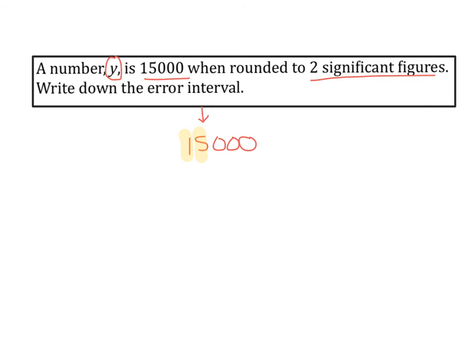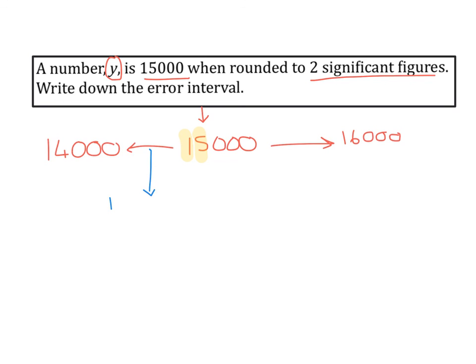So if that was the figure below, it would be 14,000. So it's that one that's either 14,000, the 5's changed to a 4, or it's gone to the one above, it's gone to 16,000. And again, this is where I start thinking, right, at what point do I stop rounding to 14,000 and start rounding to 15,000?